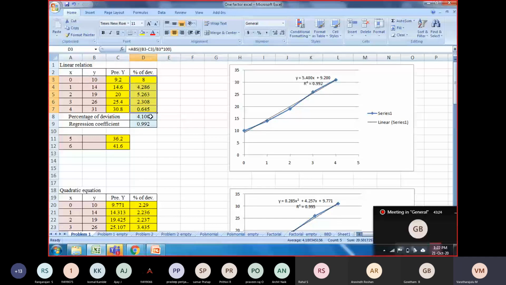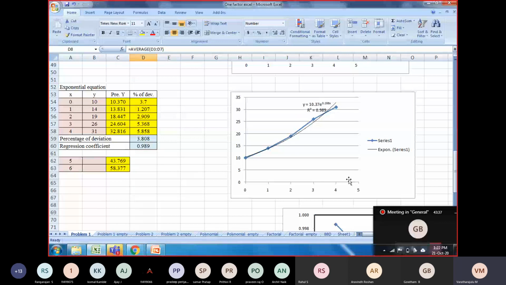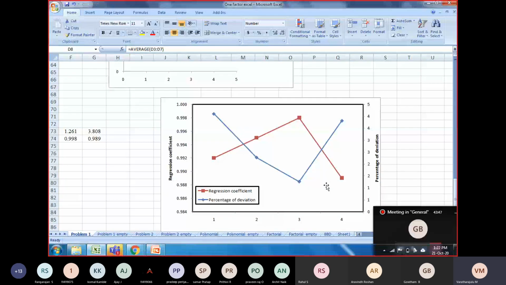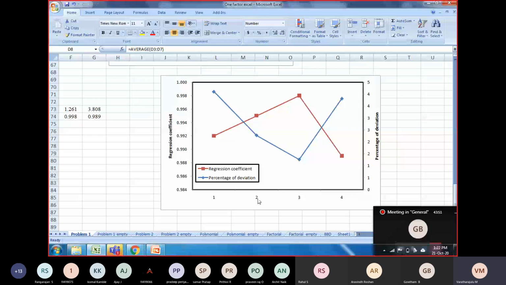And we have already derived the second order and cubic mathematical models, and this is exponential, and logarithmic is also there, and this is the accumulation of various mathematical models. What is 1, 2, 3, 4? 1 is linear, 2 is second order, 3 is third order, and the fourth one is fourth order.